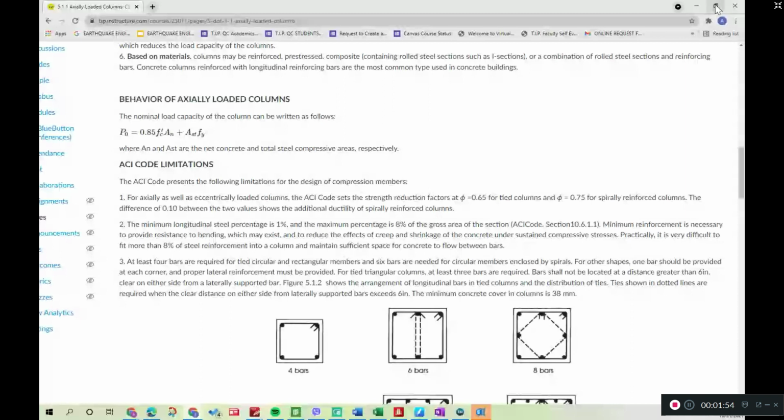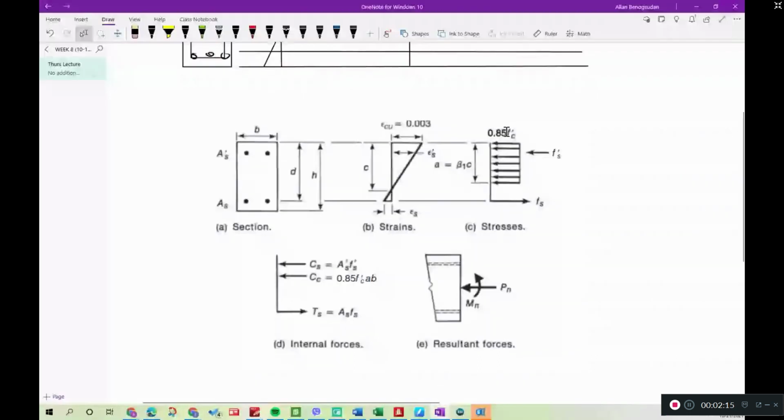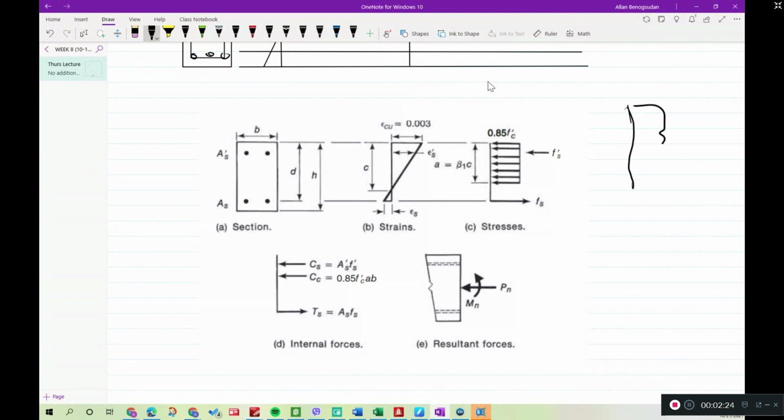If you can recall, or if you have read, what I'm saying is that the 0.85, do we get that? Can you recall 0.85? Because the strain should have looked like this.